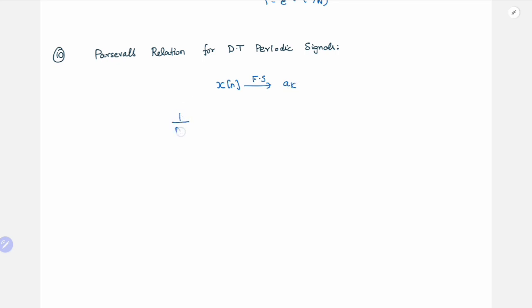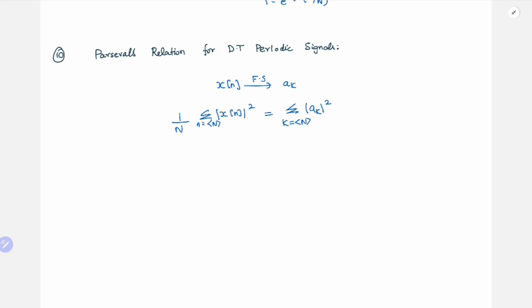Then 1 by N summation over n in N of |x of n|^2 equals summation over k in N of |ak|^2. This is nothing but the average power. So the average power in x of n is equal to the average power in the spectral components of x of n. That is what Parseval's theorem states.